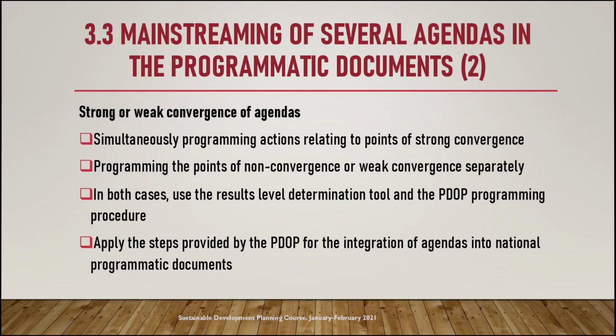Depending on the level of coincidence, we may say that there is a strong or weak convergence. And when you have some targets of various agendas that are convergent, by mainstreaming one of these targets, you fulfill at the same time the mainstreaming of the same targets within the other agendas.